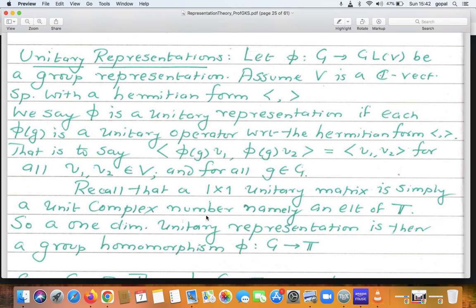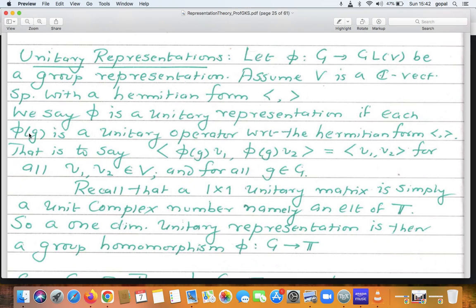Once a complex vector space is endowed with a Hermitian form, GL(V) has a very nice subgroup. What is that subgroup, which is very distinguished thanks to the existence of a Hermitian form? The unitary group. So we say that phi is a unitary representation if each phi g is a unitary operator with respect to the Hermitian form.